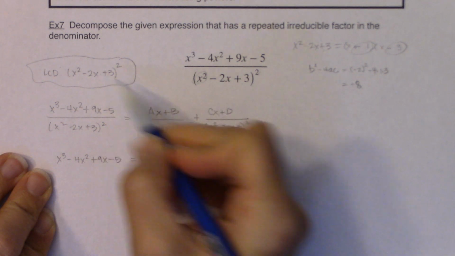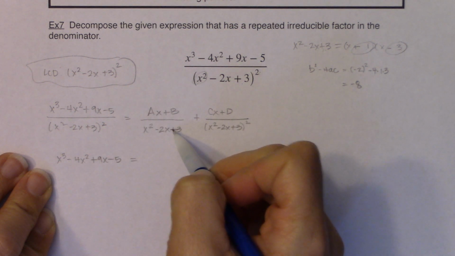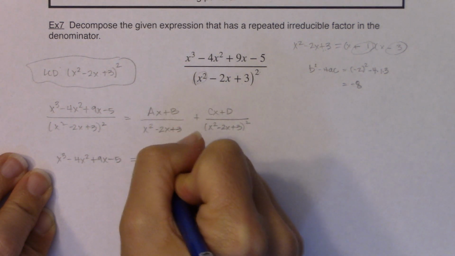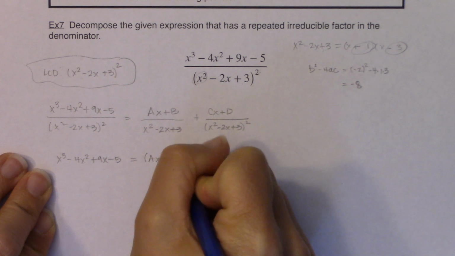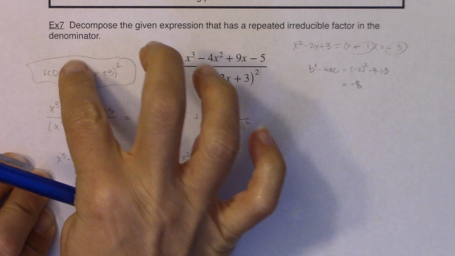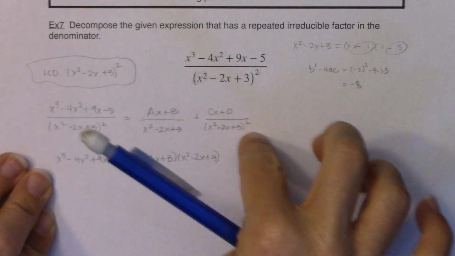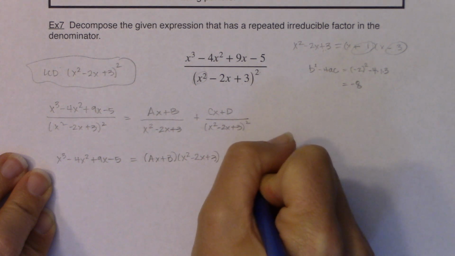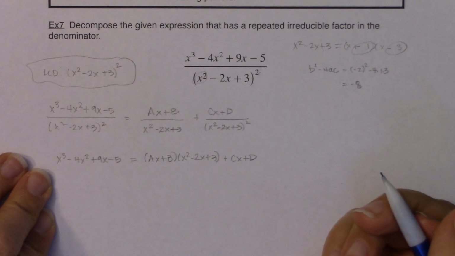When I multiply this expression to this denominator, I'm only going to cancel out 1 degree of it, so I'm going to have ax plus b times x squared minus 2x plus 3. And when I multiply this LCD to this term, the entire denominators cancel, and I'm left with just cx plus d.